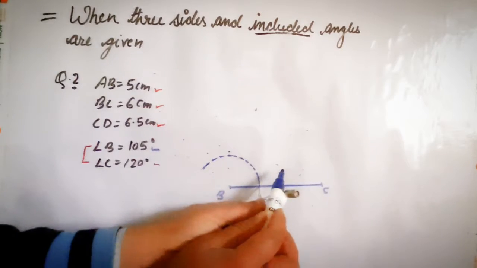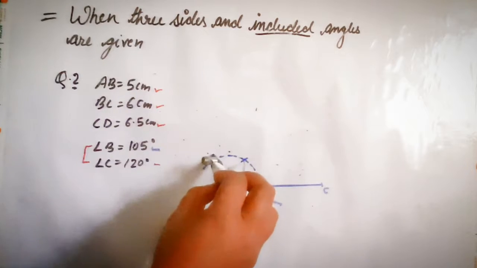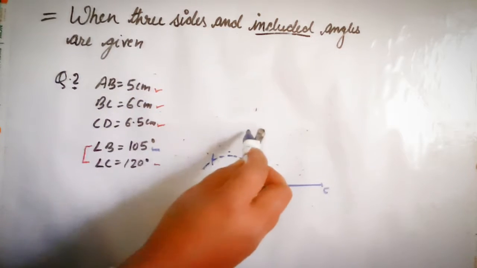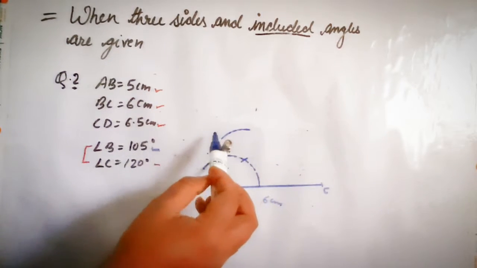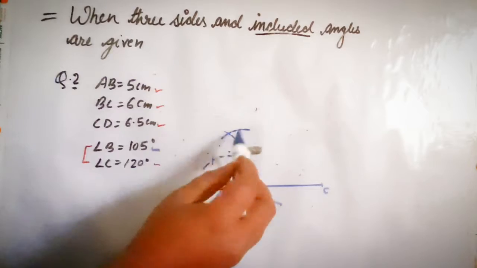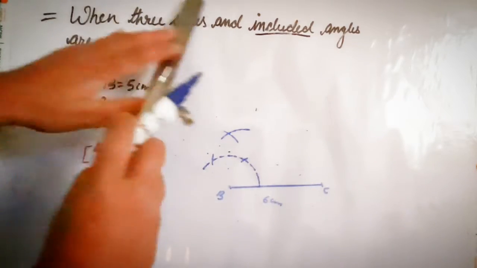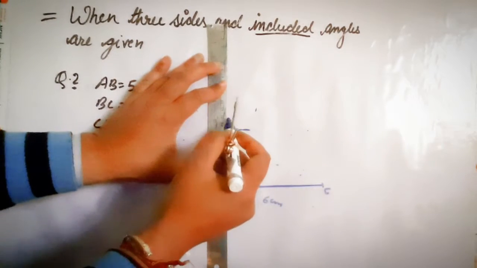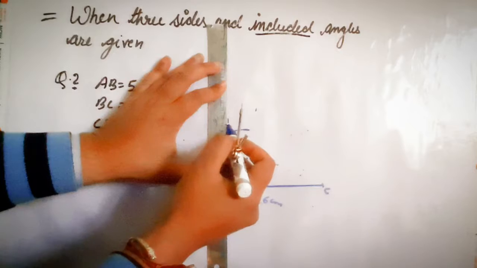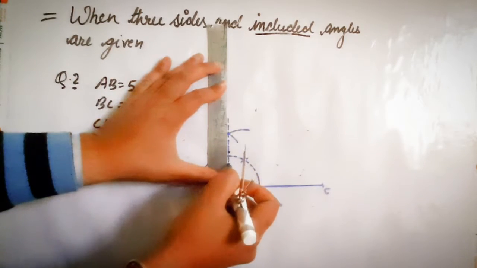Then first cut 60, second cut 120, and half of 60 and 120, one arc from 60 and another arc from 120 will be equal to 90 degree. Join it with B, but this is not the required angle. Again I am repeating, if it is not the required angle then we have to draw it in dotted way.